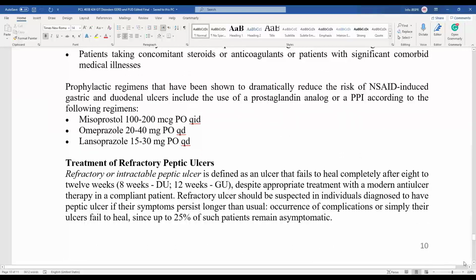And to reduce the NSAID-induced ulcer, the following regimen is recommended: misoprostol. Now, there was something interesting about misoprostol. It has different uses, and it has another that is almost opposite.